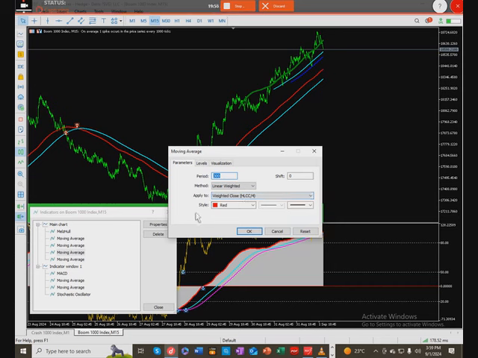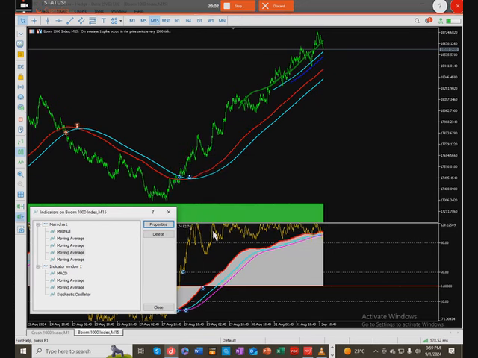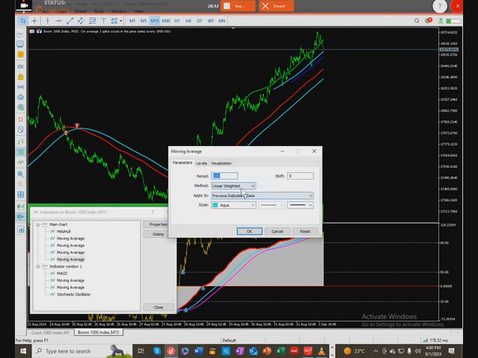All right, and now the color, any color of your choice. On the last moving average on the main chart, we have the 100, linear weighted, and previous indicator's data.